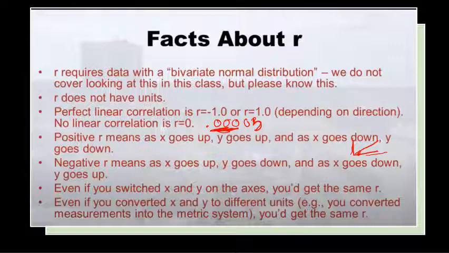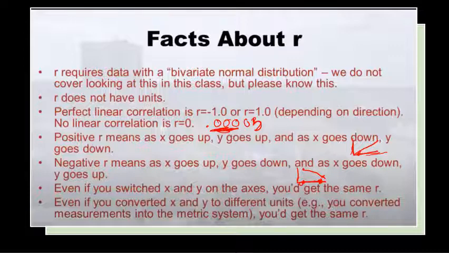So Y follows X. But when there's a negative R, it's like this, which basically means as X goes up, Y goes down, and as X goes down, where X is lower, Y is higher. So it has the opposite effect.